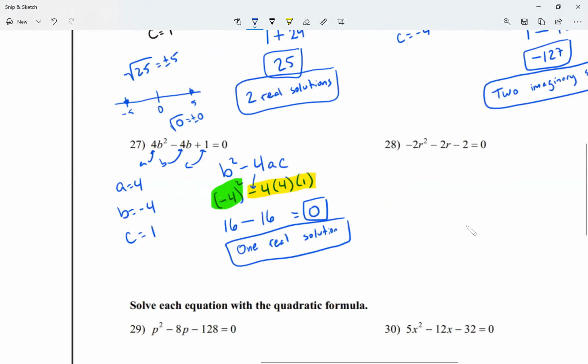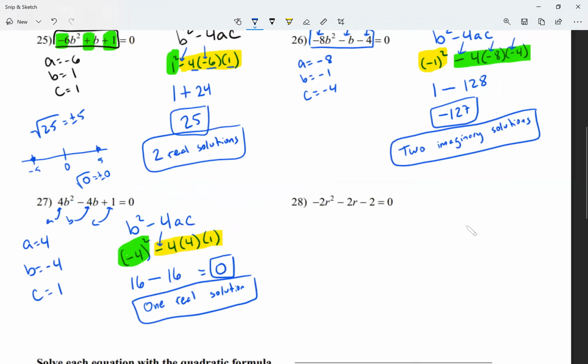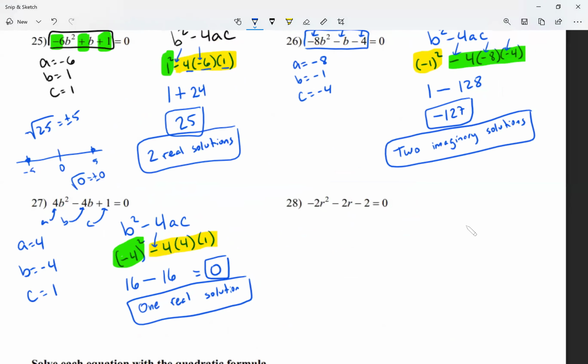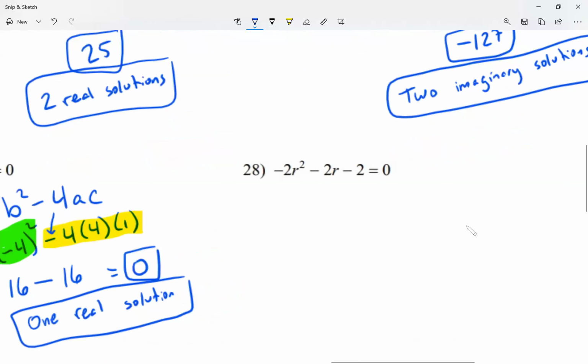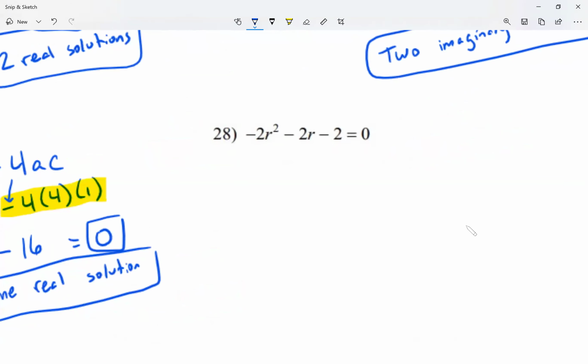Remember, when your discriminant is positive, you get 2 real solutions. When your discriminant is negative, you get 2 imaginary solutions. When your discriminant is 0, you get 1 real solution. So let's take a look at number 28. I see my A value here, my B value is right here, and my C value, it's right there.